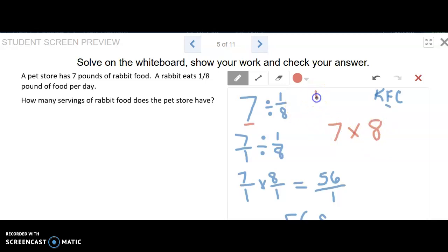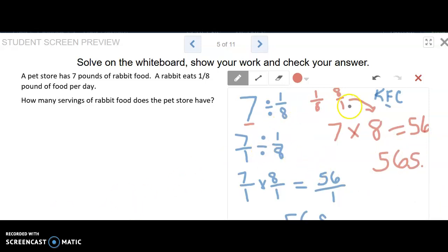Because when I flip the 1/8, it becomes 8 over 1, and that's the same thing as 8 whole. So now I've got 7 times 8, which equals our 56, and I can say, 56 servings of the rabbit food.